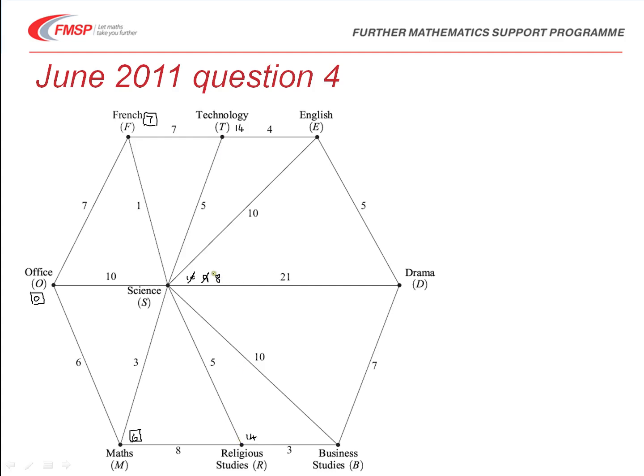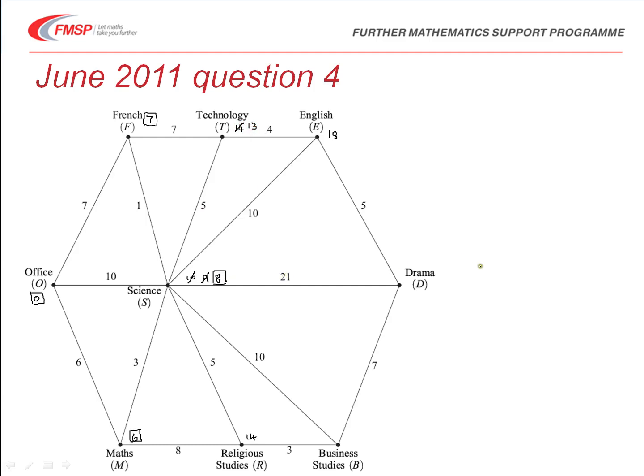So the 8 is now to be boxed, that's the smallest value. Now from science, 8 plus 10 gives us 18 to English. We've then got 8 plus 5, which gives us 13 to technology.